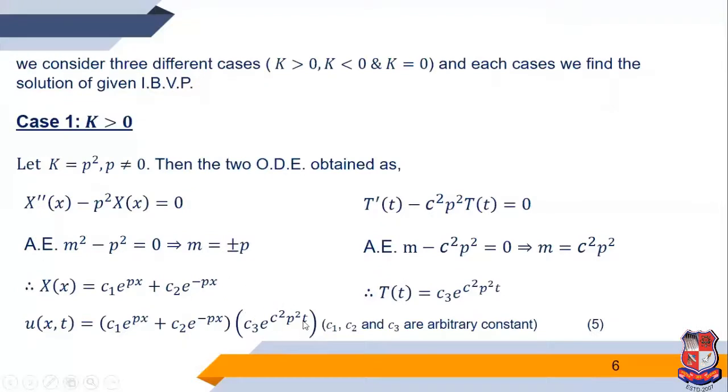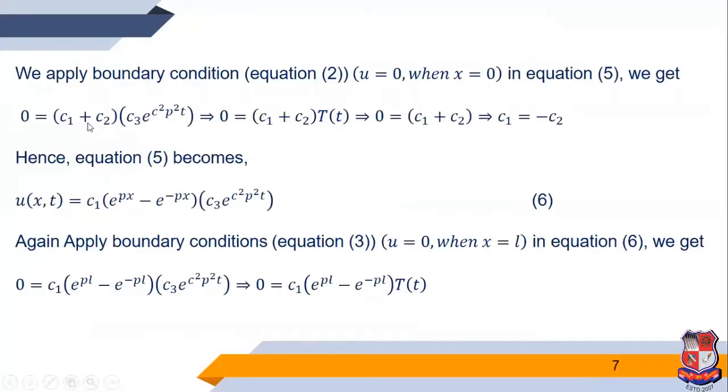And this term stays as it is, because this term does not depend on x. So therefore C1 plus C2 into C3 e raised to c square p square t is equal to 0. That implies 0 is equal to C1 plus C2, and this term is the solution T of t. So T of t we can't consider 0. So therefore C1 is equal to minus C2.